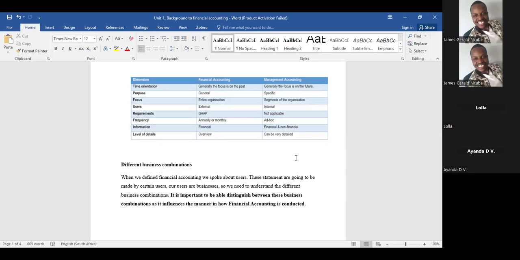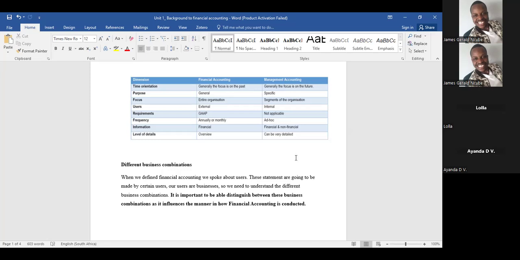They need it because they need to charge the company maybe some taxes, right? The bankers can make use of financial information. Why? Because they need to know if you are able to pay back the loan that you want to borrow from them. So there are so many different users of financial information within an organization, right?